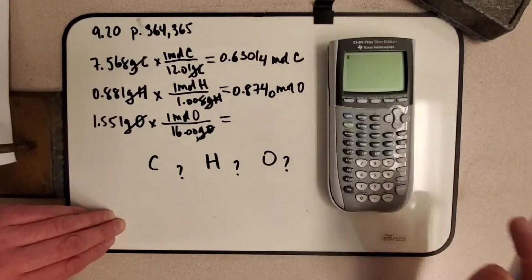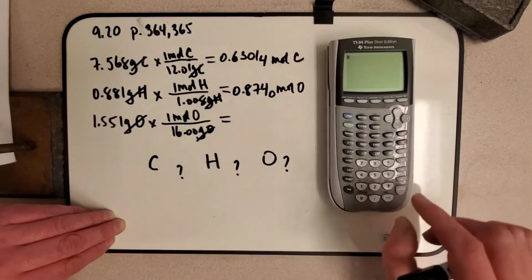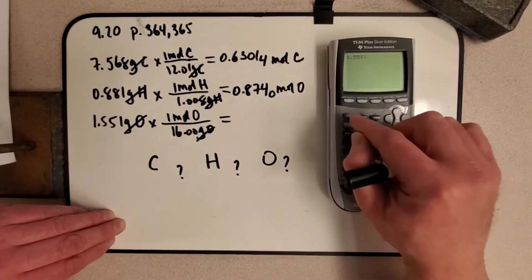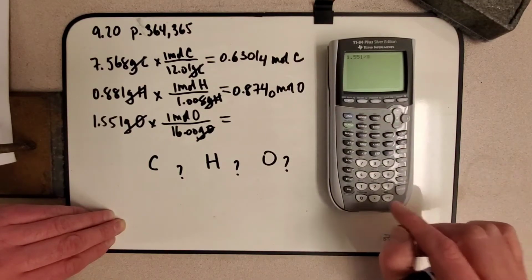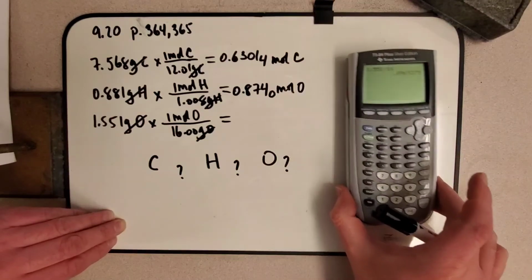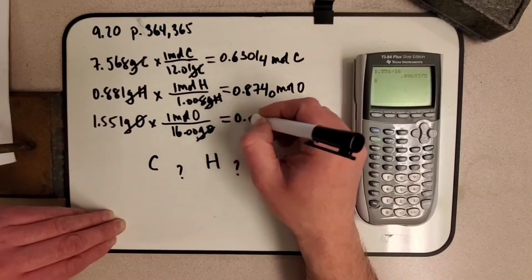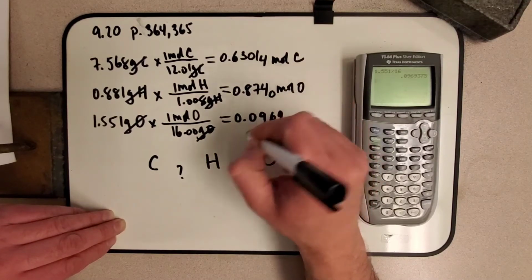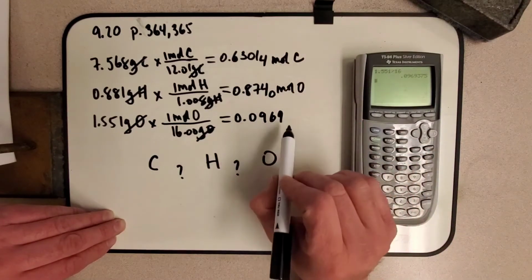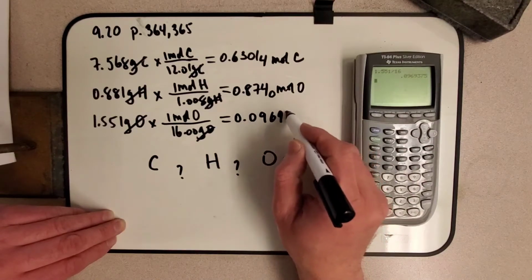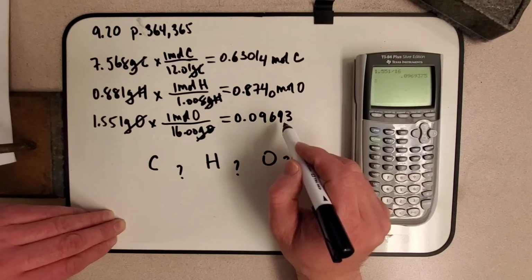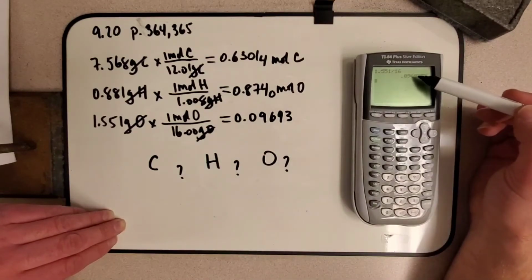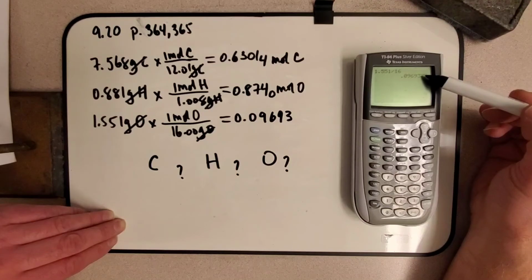Okay, almost there. So now this one is 1.551 divided by 16. What I got here for significant figures is 0.0969. I'm going to add 1 more digit, so 0.09693, and then the 7 now.